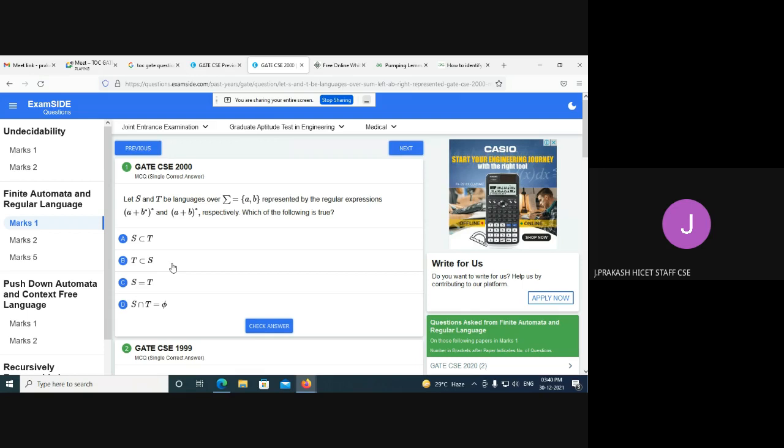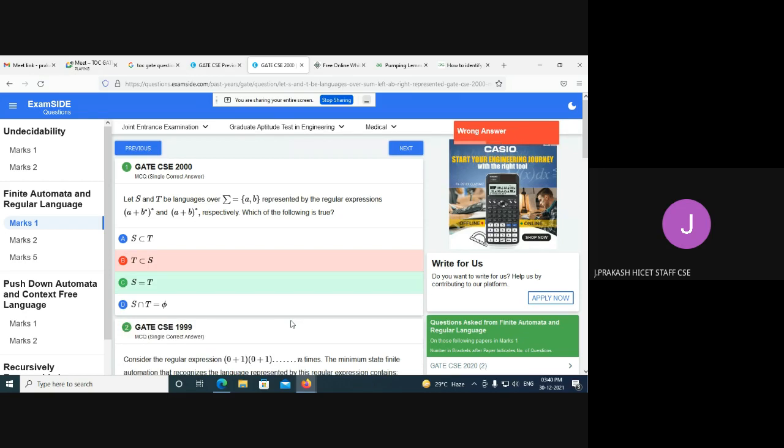Just try. Any guess? S is equal to T. Yes, universal language.